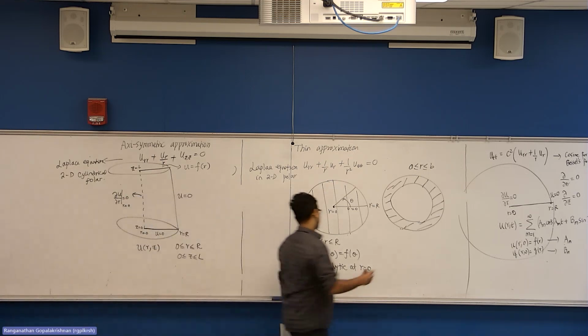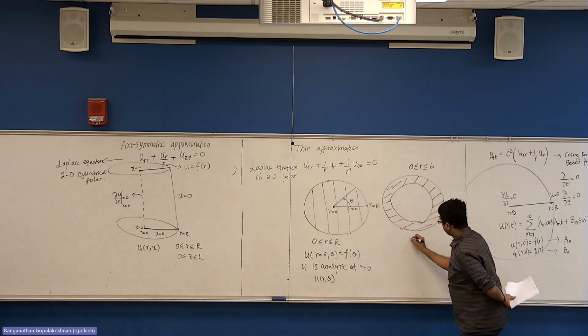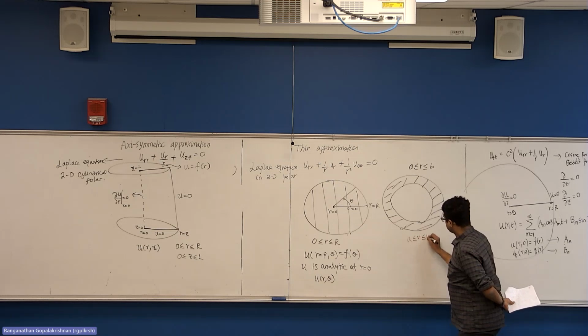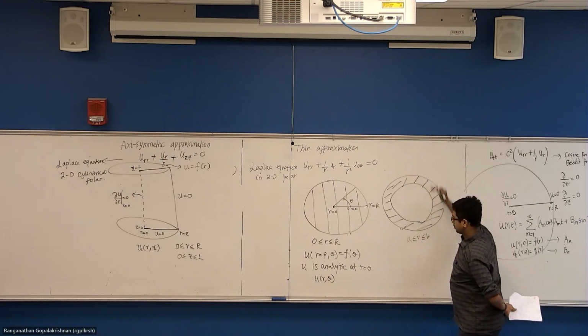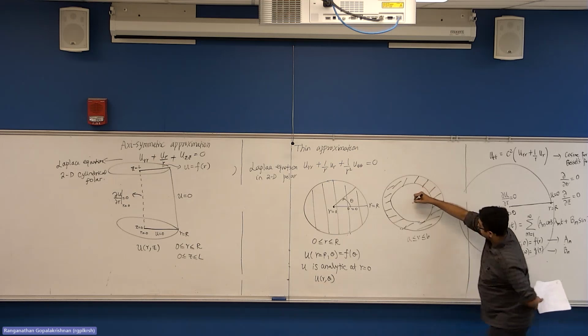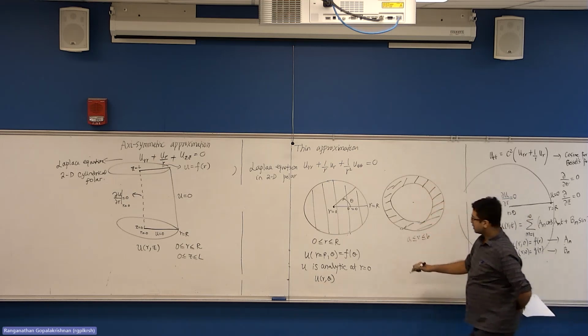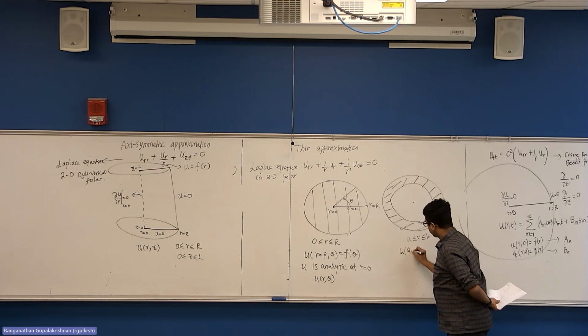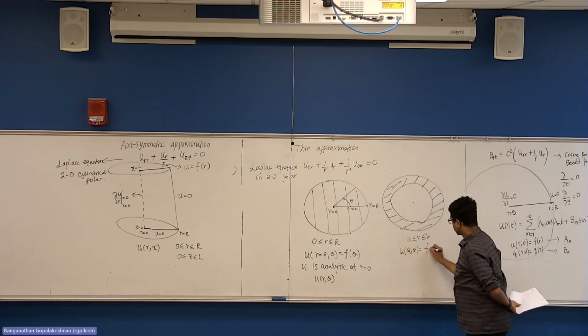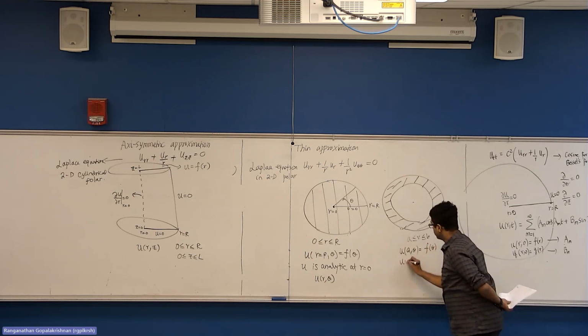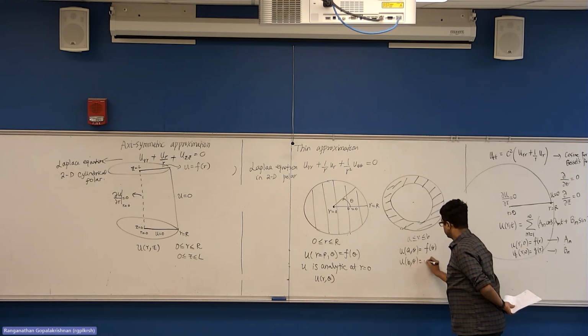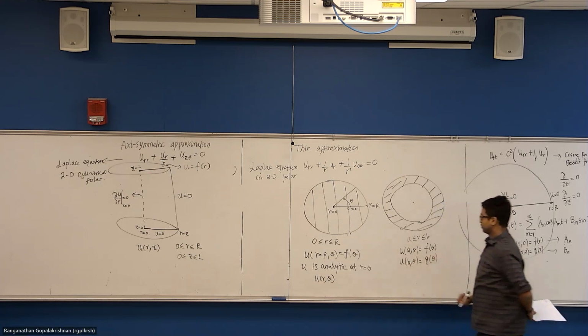What about the annular case? I have a less than r less than b. 0 is not part of the domain. So I can say u of a comma theta is f of theta and u of b comma theta is g of theta.